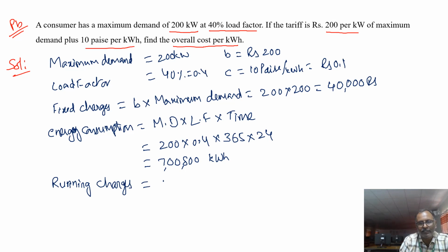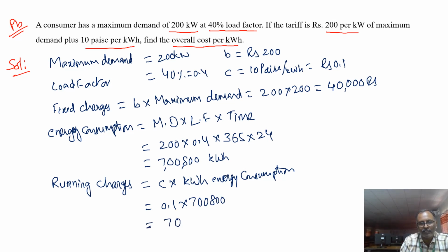Therefore the running charges are given by C into kilowatt hour energy consumption. That is 0.1 into 7,00,800, so 70,080 rupees. These are running charges, and the 40,000 are fixed charges.